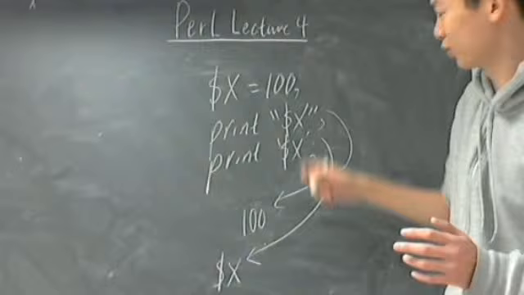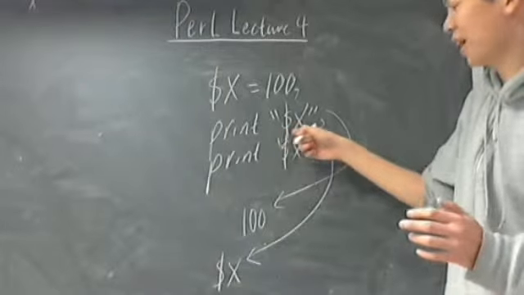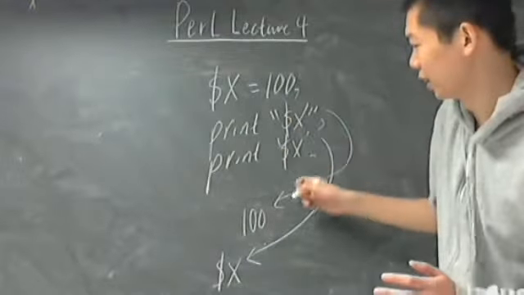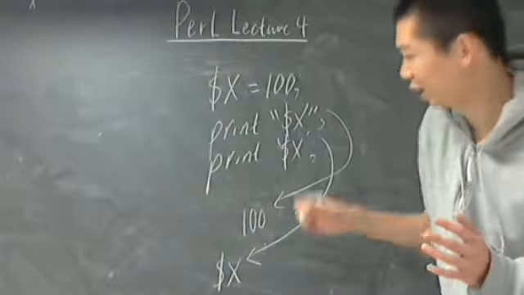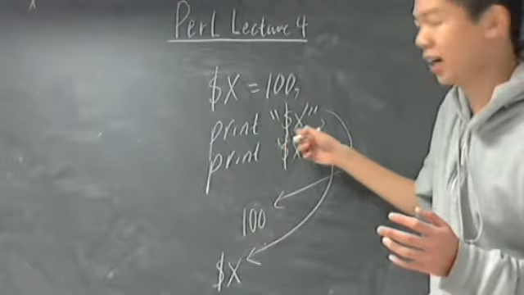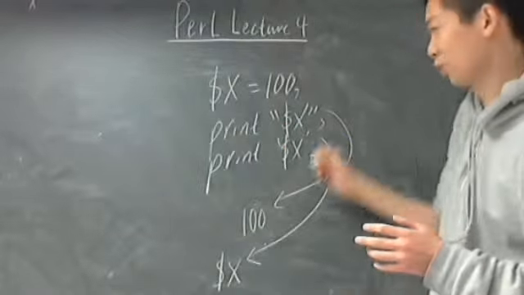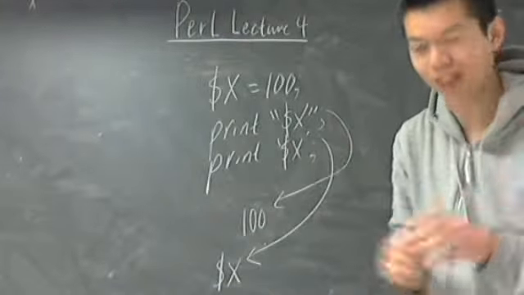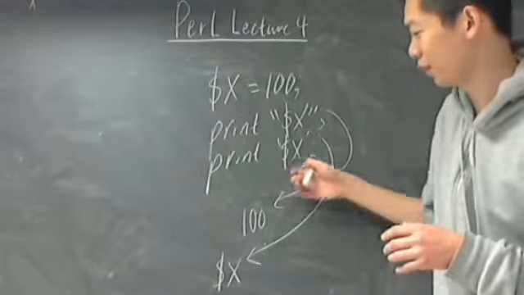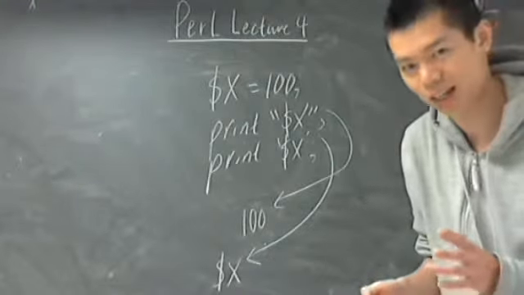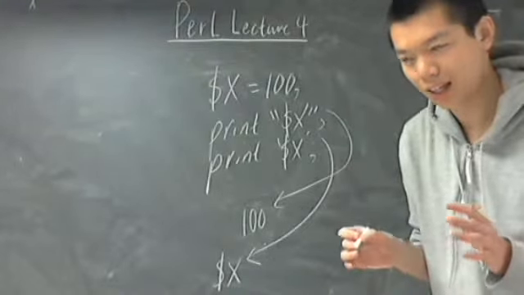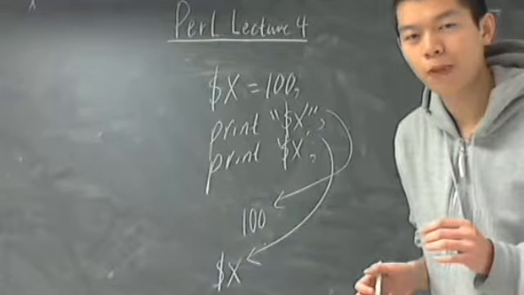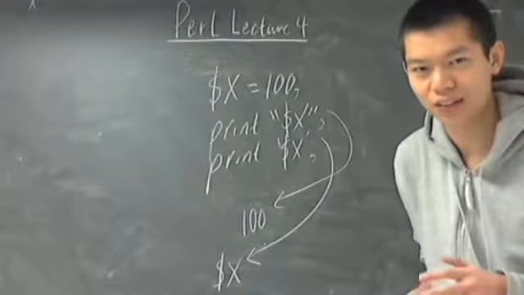When you use double quotes, right, and you put like an array or scalar variable inside your quotes, the actual value gets printed or interpolated. But if you don't have interpolation, then it will just print out the actual characters, okay?